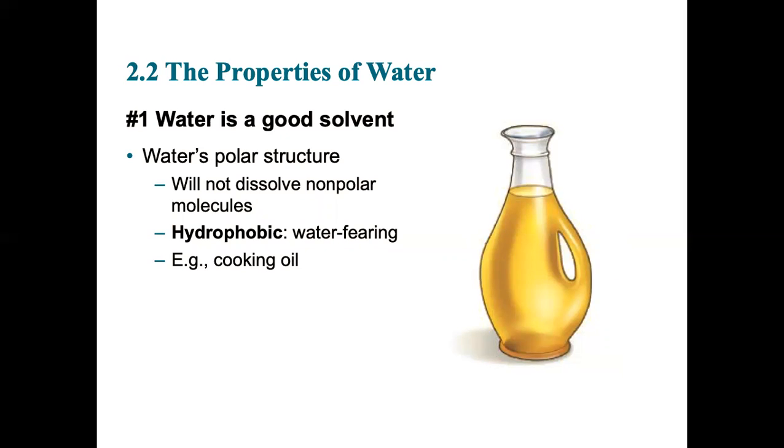If you have cooking oil and you pour it on top of water, it's going to float. That's because oil is what we call hydrophobic. It has a phobia to water. It doesn't like water, and that's because it doesn't have those slightly positive, slightly negative charges, so it doesn't dissolve very well.